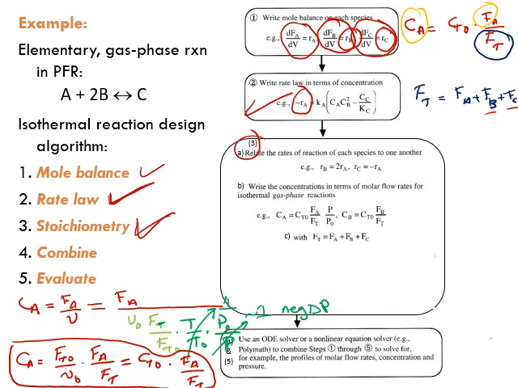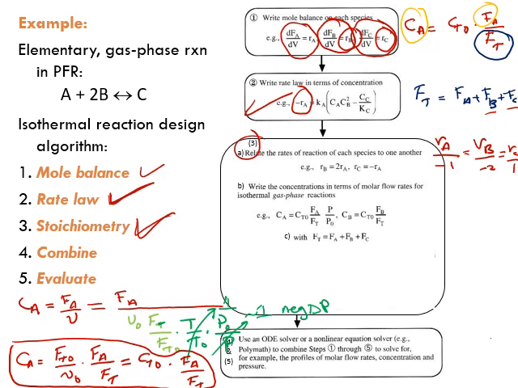You know how to do this: you write RA divided by minus 1 equals RB divided by minus 2 equals RC divided by 1. From here you can write all the relationships.